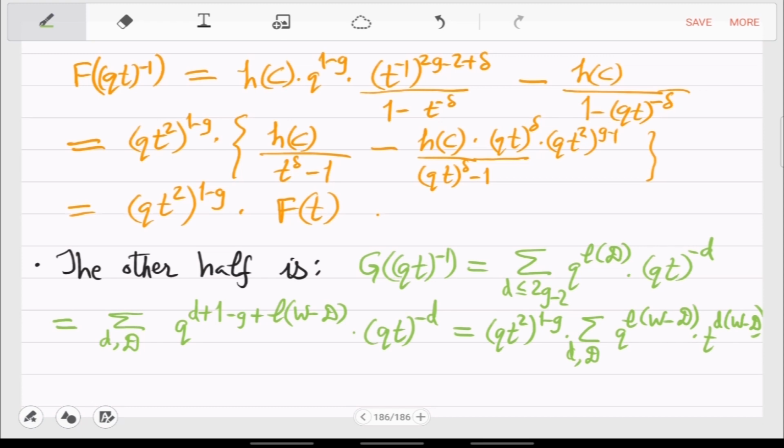So this is equal to, let's just recall what this is, it's minus of that exponent. So Q raised to L dimension and T raised to minus degree of that divisor class. That's the form here also.